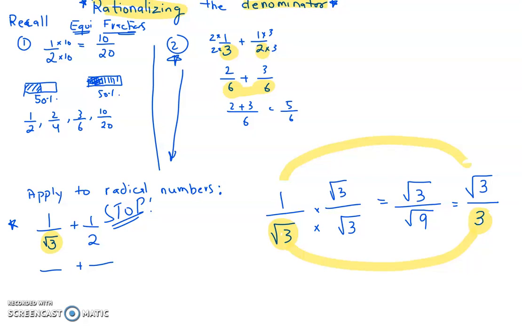So whenever you have a radical number in the denominator, we rationalize it by multiplying by the radical part of it. Whatever the radical number is in the denominator, multiply both numerator and denominator by it, work it out, and you will have a fraction with no radicals in the denominator, guaranteed.